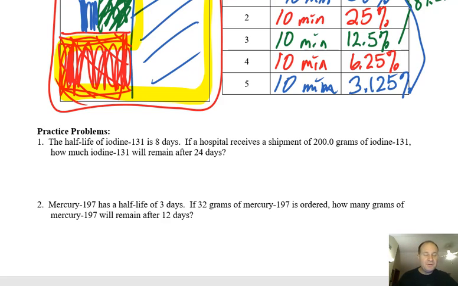Here are 2 practice problems, and then we'll get you going on some other stuff. The half-life of iodine 131 is 8 days. That's an important thing. So T1/2, a cycle, is 8 days. If a hospital receives a shipment of 200 grams, how much iodine will remain after 24 days?